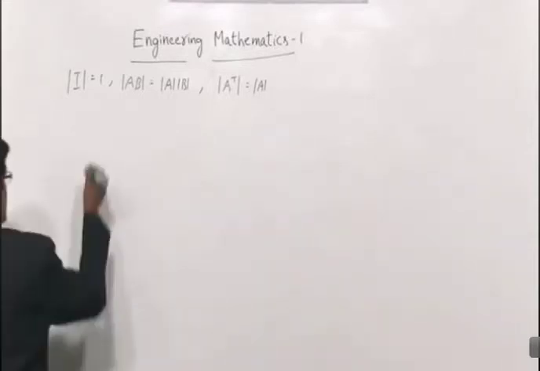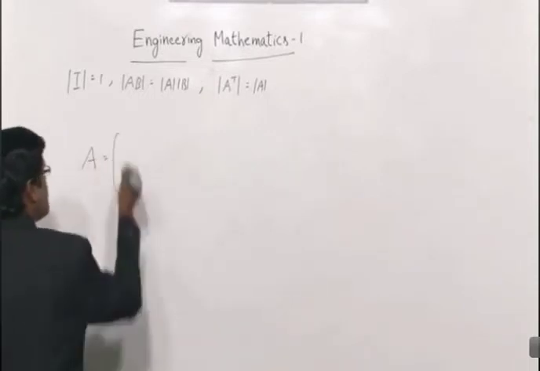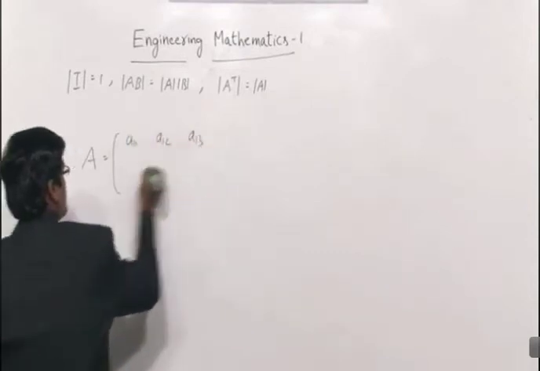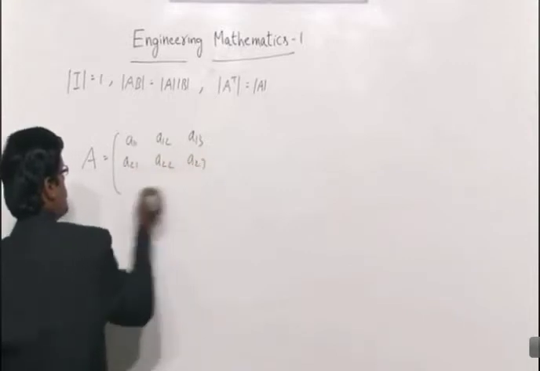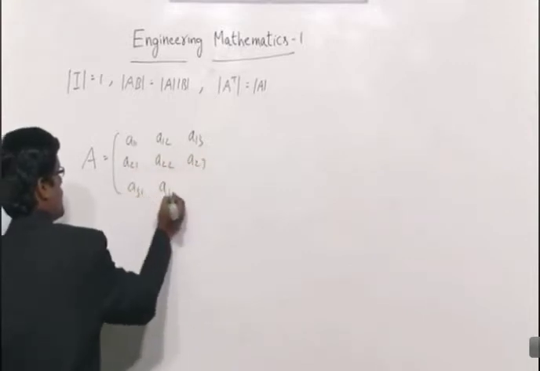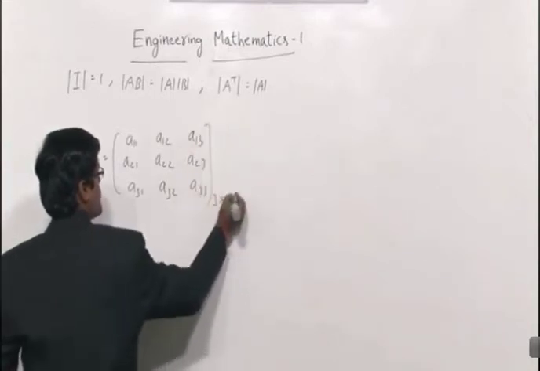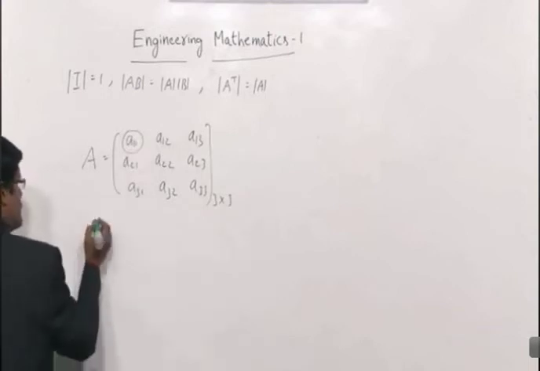See, for example, if I consider a standard 3 by 3 example, then I will do the GATE question problem. A11, A12, A13, A21, A22, A23, A31, A32, A33. That is a 3 by 3 matrix. Now I am selecting the first element, that is a diagonal element.